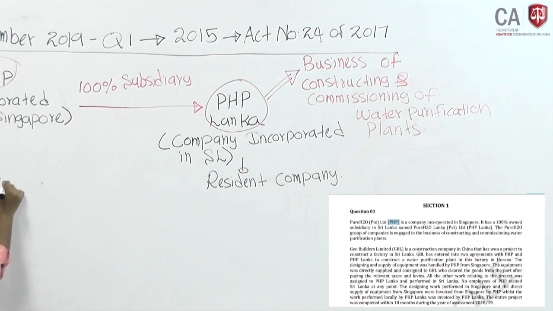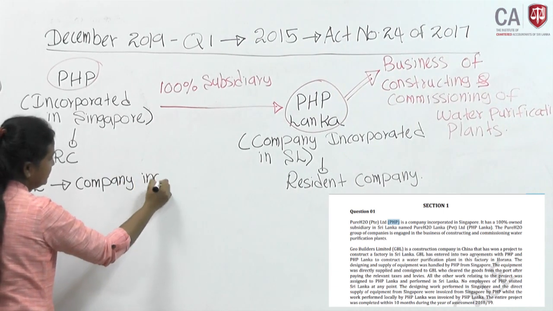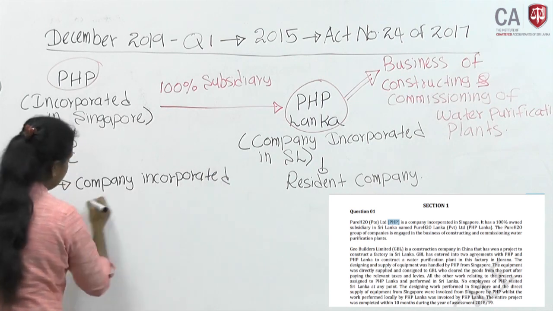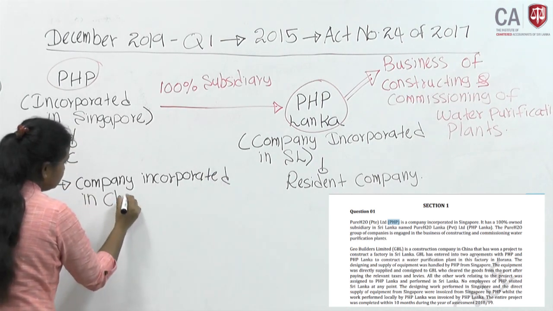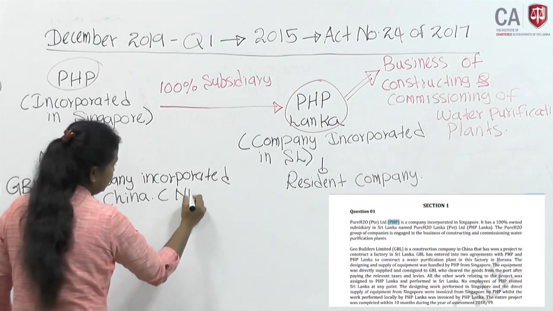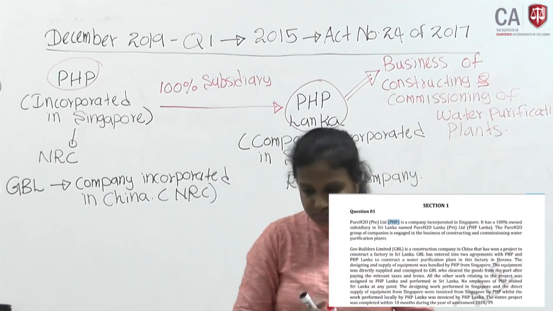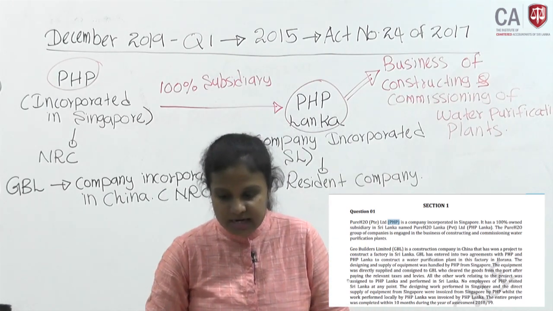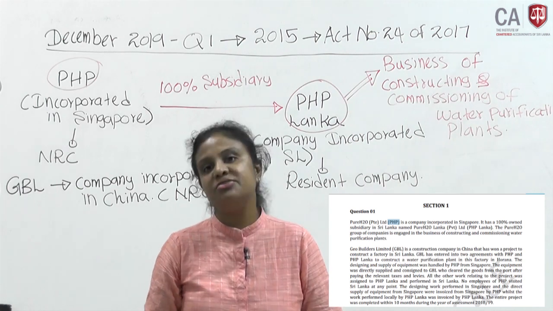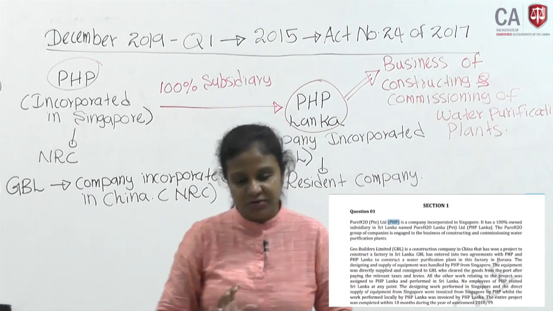This is a company incorporated in China, so this is a non-resident company or non-resident person. China that has won a project to construct a factory in Sri Lanka. Now what are they doing? They are constructing a factory in Sri Lanka.